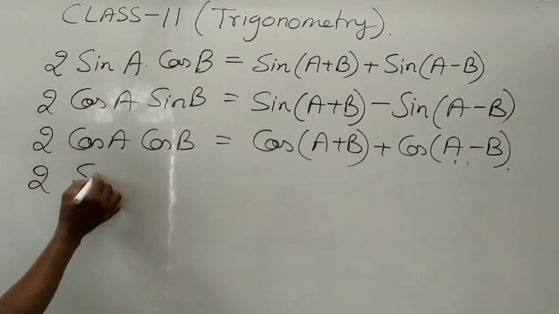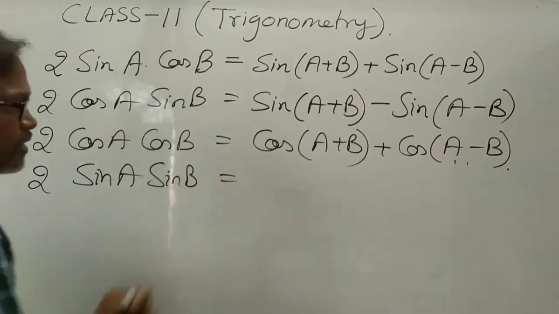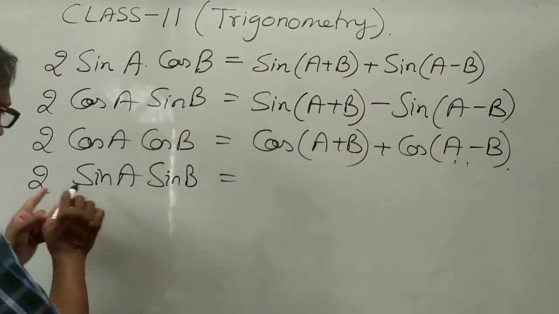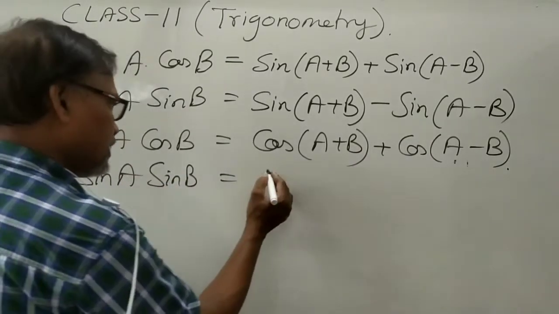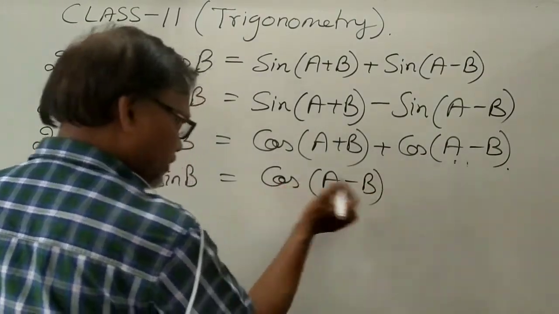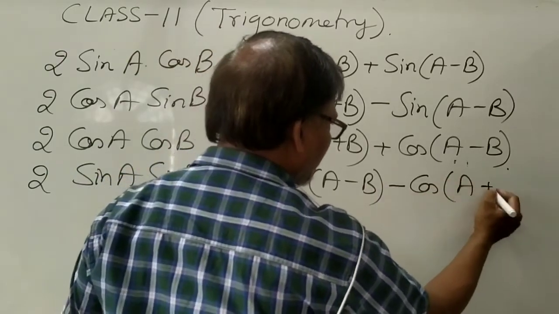Then the last formula is 2 sin A sin B, because it comes from the formula of cos(A plus B) and cos(A minus B). But in this case you should be alert, because in this case the cos(A minus B) comes first, then minus cos(A plus B).